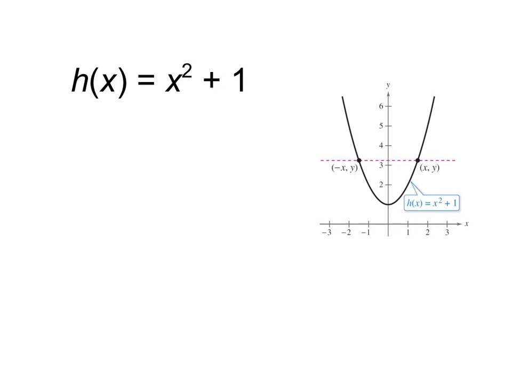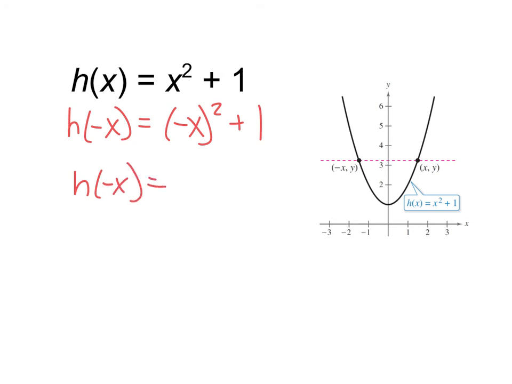All right, h of x, x squared plus 1. So if I substitute in and I do h of negative x, that would give me negative x squared plus 1. That means negative x squared is a positive x squared plus 1. And these two are identical to each other. There's no negative in my red answer that I have here.